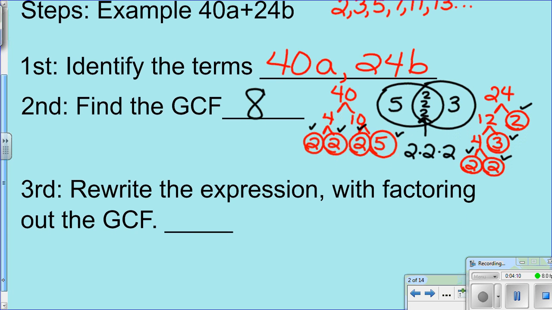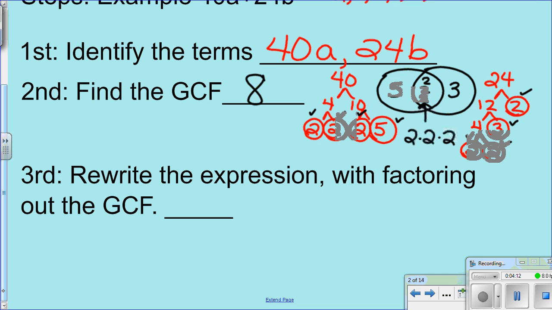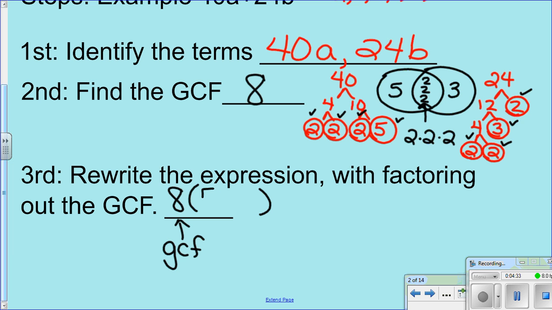Now I will rewrite the expression with factoring out the greatest common factor. Actually, your picture tells you the entire answer. In the middle, we write our GCF. Then, in parentheses, we put the answer in the outer left ring. If there's more than one number, we would multiply those, but there's a 5.